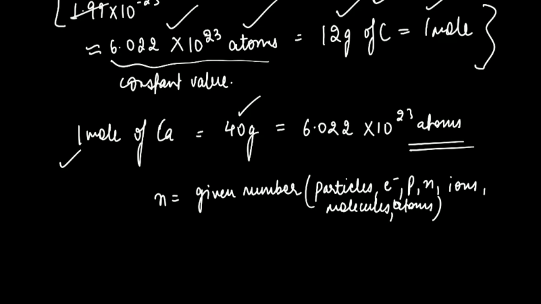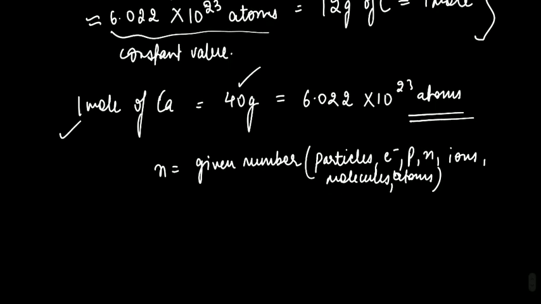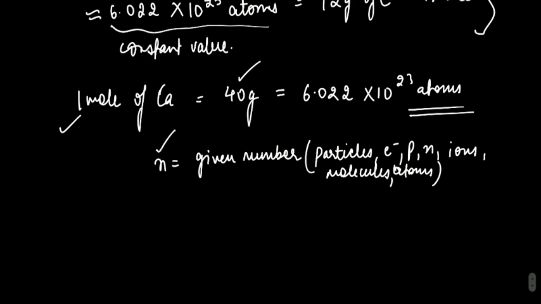So what I suggest to my students, specifically in mole concept, is that you need to read the question properly. I always say that 70-80% of the problem is solved if you read the question properly and understand what it is asking. Whether it's the number of moles or some other number. Because if it's the number of moles, then you have to calculate this.